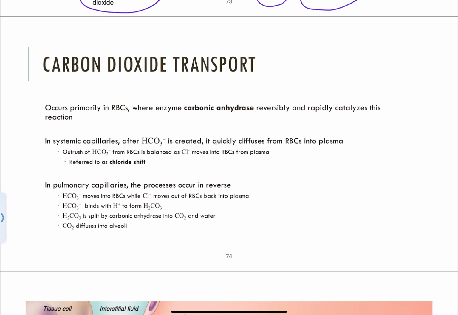Once we have our bicarbonate ion inside of our erythrocyte, it's going to combine with a hydrogen ion and form back carbonic acid. Carbonic acid is still readily unstable, so it's going to be split by carbonic anhydrase, at which point we're going to reform our carbon dioxide and water. And then carbon dioxide is able to diffuse out of the alveoli so that we can actually breathe it out.